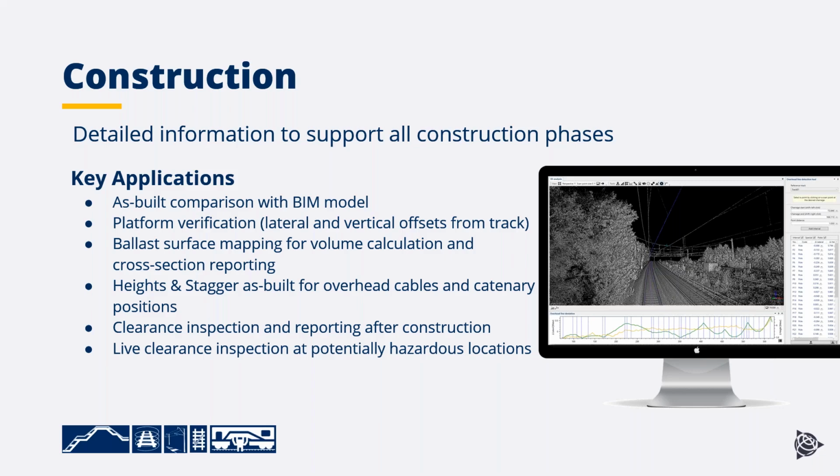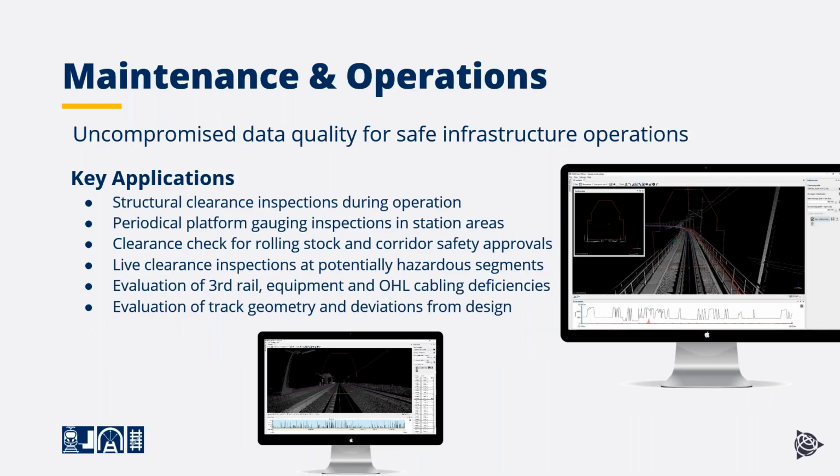So going from construction, we transition to another area, which is probably one of the largest in a structural life cycle: the maintenance and operation. In this stage, the GEDO scan system is used especially for clearance inspection during the operation.